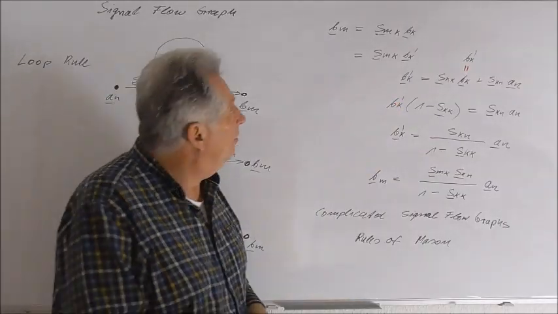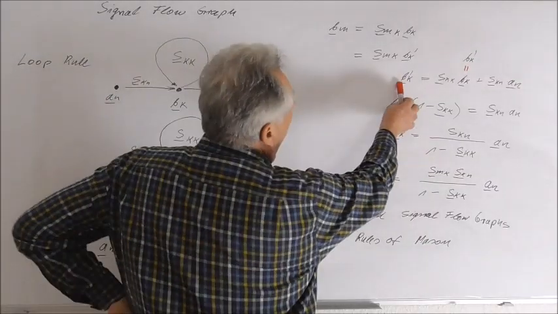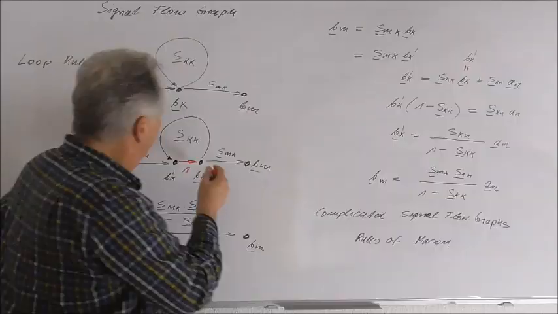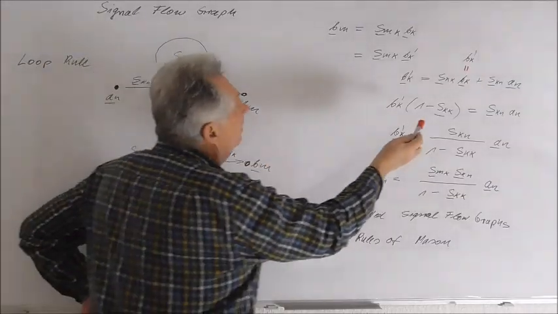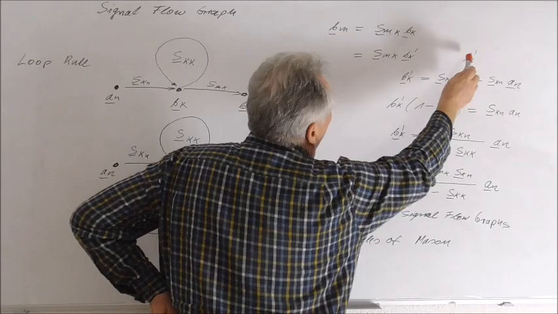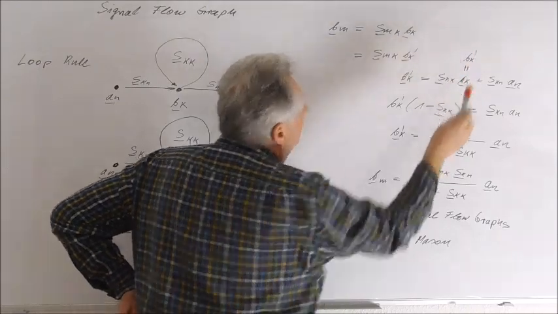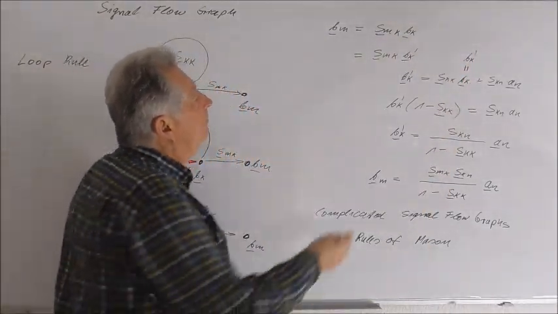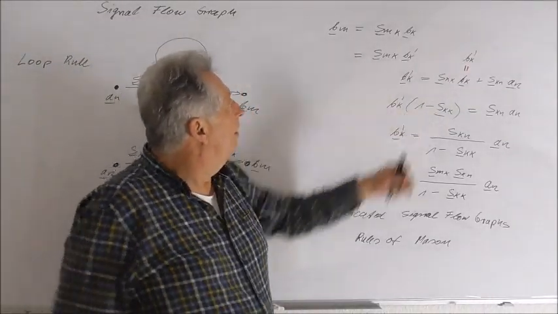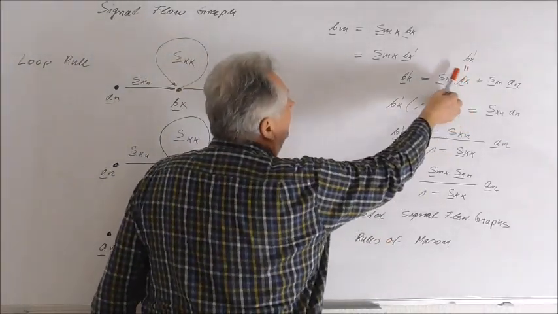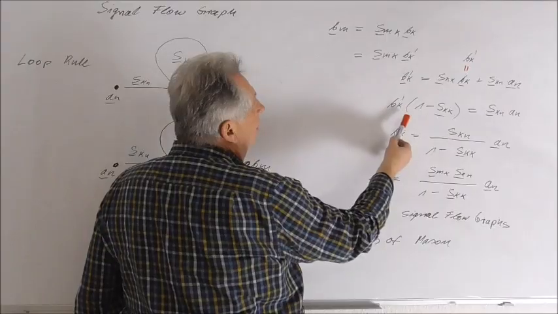But for BK prime we can say BK prime is given by BK times SKK. This is this term, where these two are identical, and we have SKN times AN. So we can order this equation into this form.